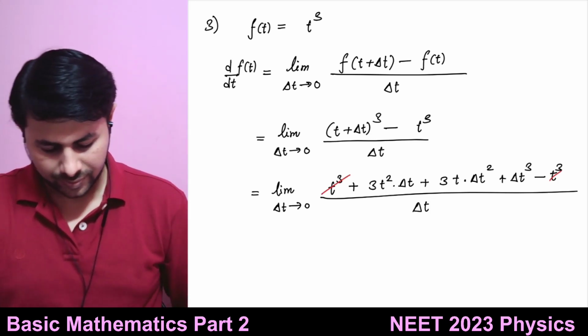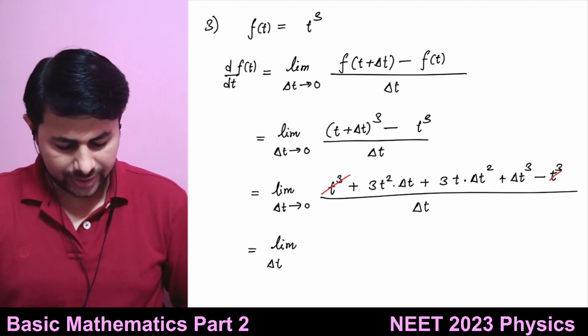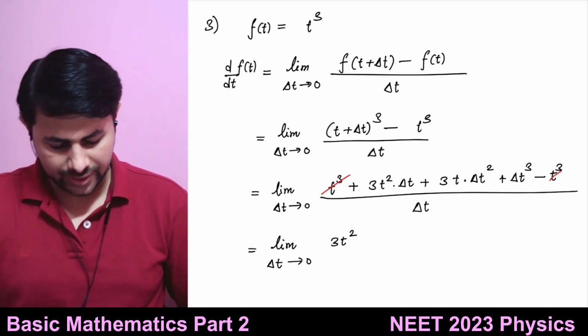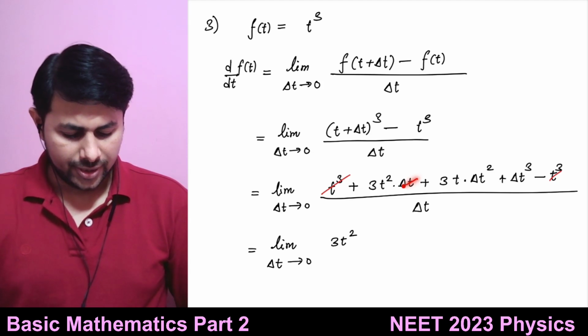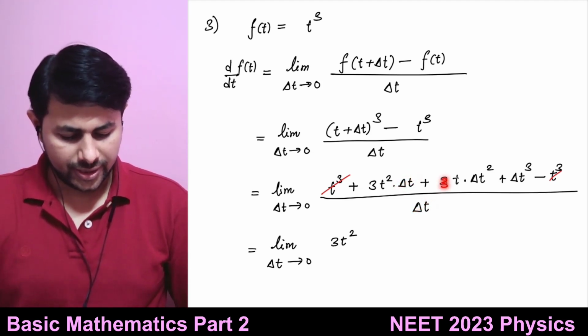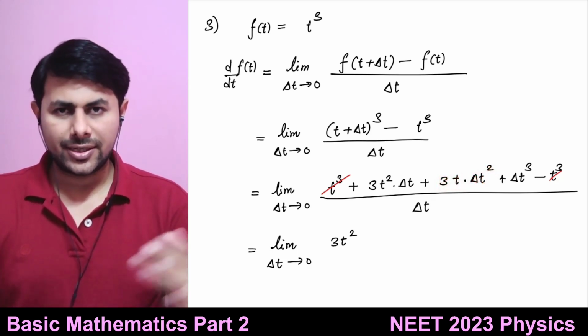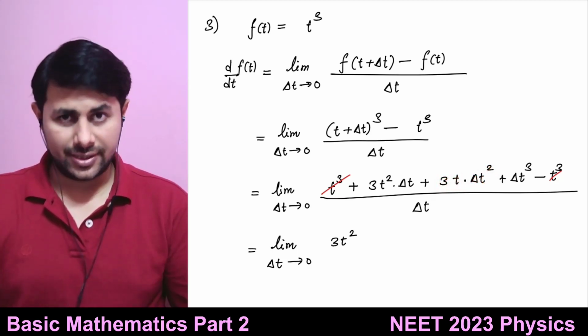So we are left with limit delta t tends to 0 of 3t square delta t, or shall I divide by delta t in this step itself? So delta t by delta t is 1. Then I have 3t delta t square upon delta t, so delta t square upon delta t is delta t.